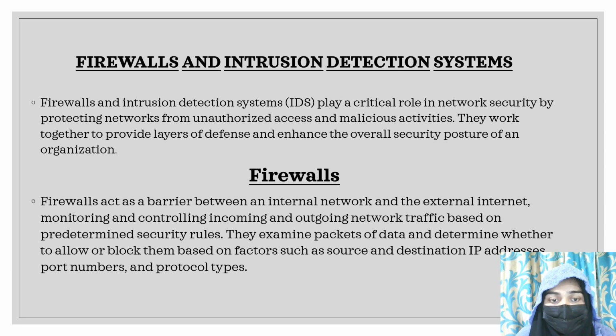Firewalls act as a barrier between an internal network and the external internet, monitoring and controlling incoming and outgoing network traffic based on predetermined security rules. They examine packets of data and determine whether to allow or block them based on factors such as source and destination IP address, port numbers, and protocol types.